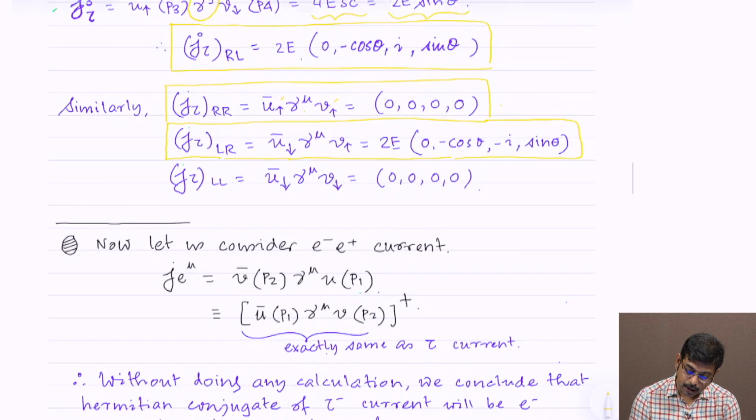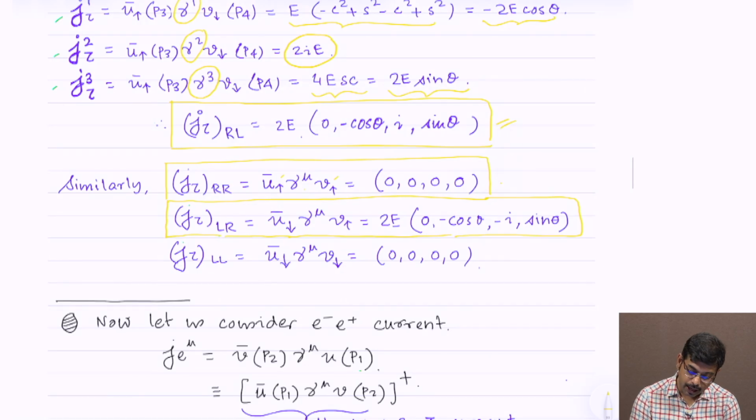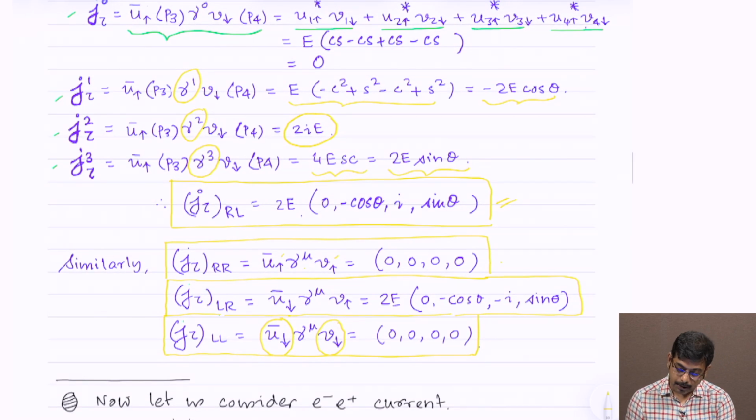Very similar looking expression to what we have for RL, and once again the LL combination of this tau state current is identically 0, where you have to find U bar down gamma mu V down and just use this matrix multiplication, and it is going to be 0 0 0 and 0.